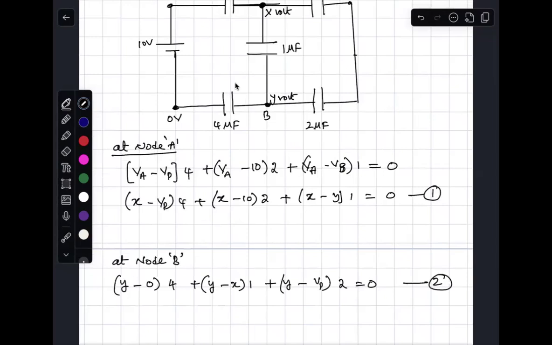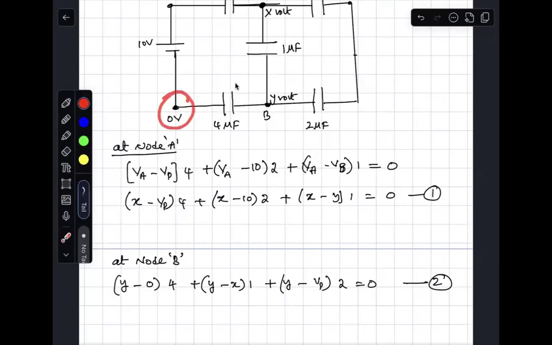You have two unknowns, solving which you will get X and Y. So that's all. No one will ask you what is X. Remember, they will ask you what is the charge on 1 microfarad. For that purpose, you require Vx minus Vy. If I say Vx as this, wrong, because nowhere it was given that point O is earthed.